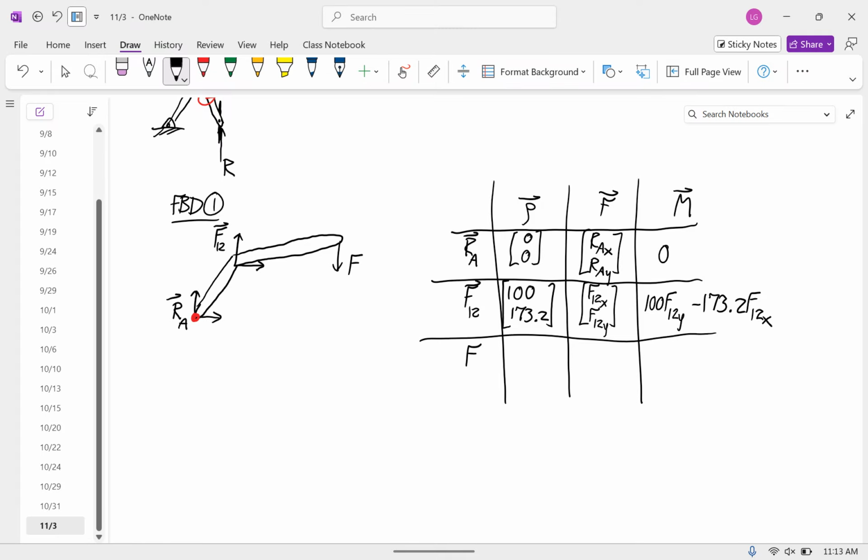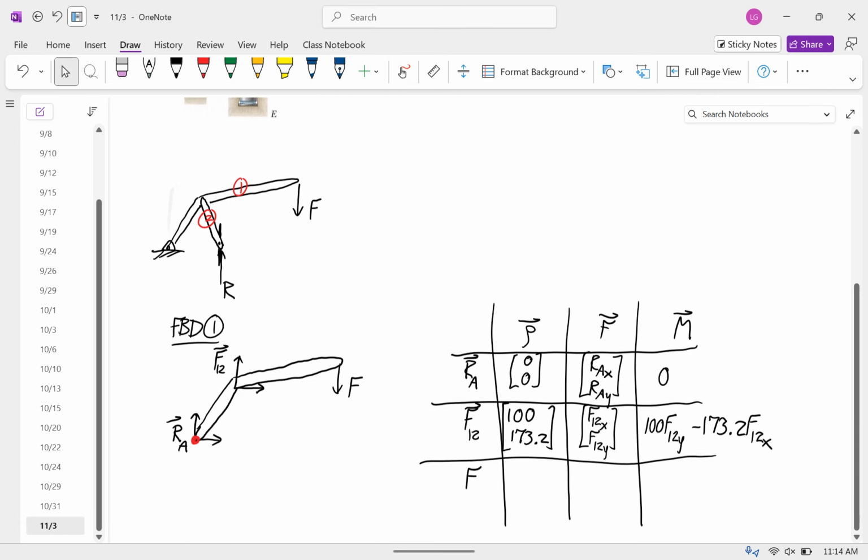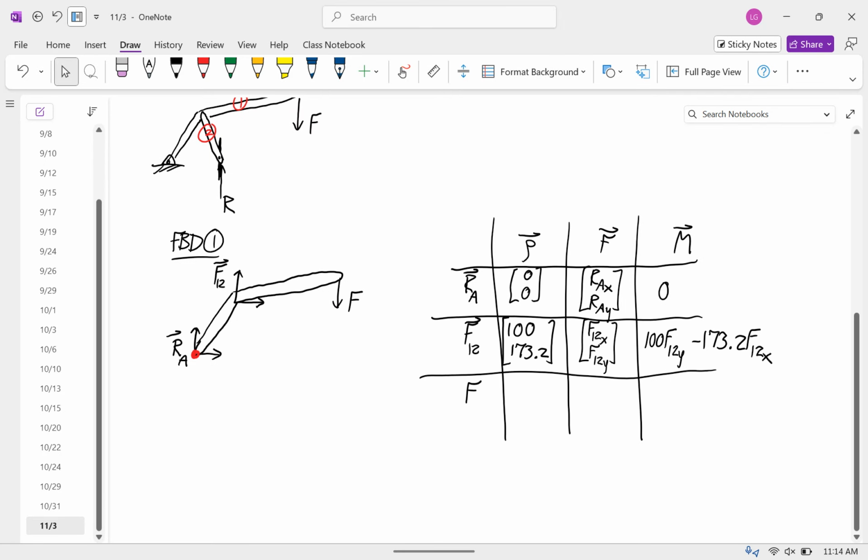And then the force F. The way I'm going to think about it is I'm going to add two vectors to get the rho vector for C. I'm going to add the vector from A to B, and then I'm going to add the vector from B to C. We already have the vector from A to B. The vector from B to C is 400 times cosine and sine of 15. So 386.37, 103.53.